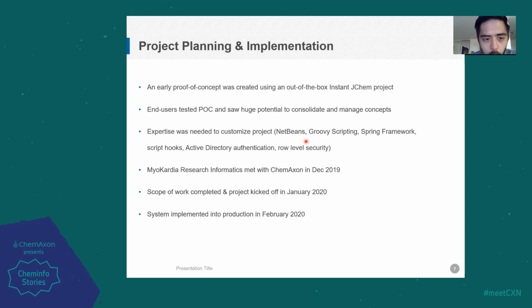I couldn't figure out some of the technologies such as Spring Framework, script hooks, Active Directory authentication. Now, don't get me wrong, ChemAxon documentation is very good. It's just given the timeline, it's just something I wasn't comfortable doing. I'm not too good of a developer, so that's more of a knock on me than ChemAxon.